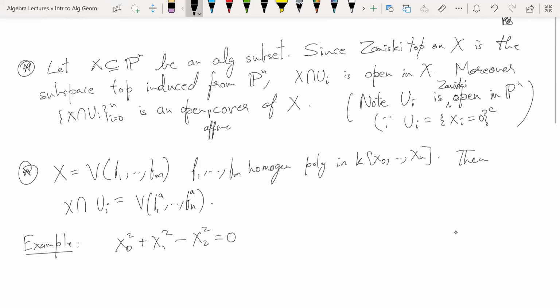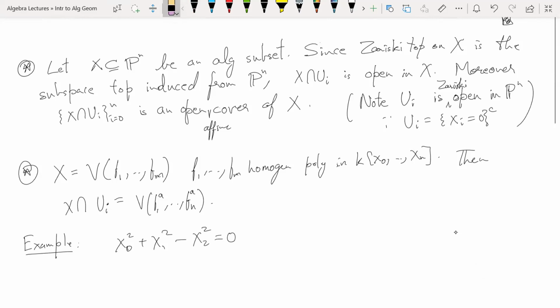The ideal generated by X_i is a homogeneous ideal because it's generated by a monomial. So it is homogeneous, and hence V(X_i), the zero set of X_i, is an algebraic subset of Pn, and U_i is just the complement of this, and hence it's open.